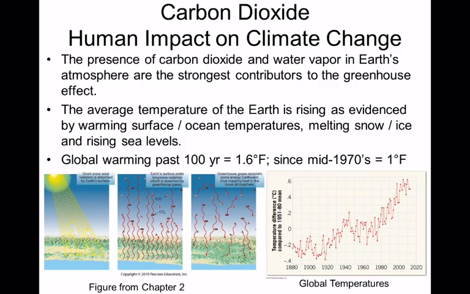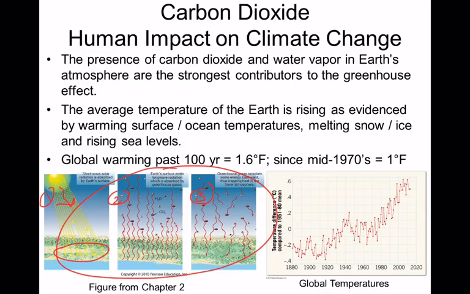So carbon dioxide. Well, what's up with carbon dioxide? We talked about it before. I brought in this figure down here from chapter 2, and it talks you through 1, 2, 3, the stages of what carbon dioxide does in our atmosphere. We talked about solar radiation coming in, hitting the Earth, and as it hits, the Earth gets warm.